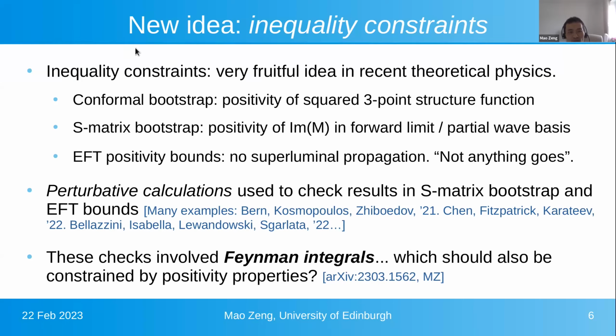What's shared between these fields is that you can often formulate positivity constraints, for example, by imposing the unitarity of some Hilbert space. And you formulate positivity constraints and you solve them.